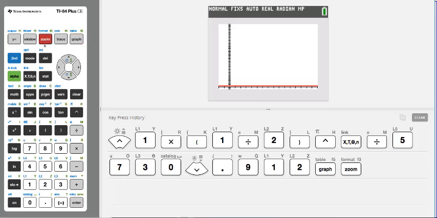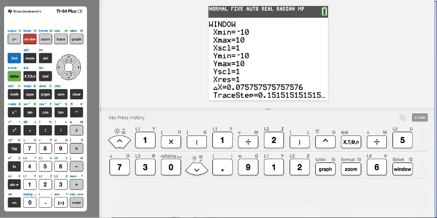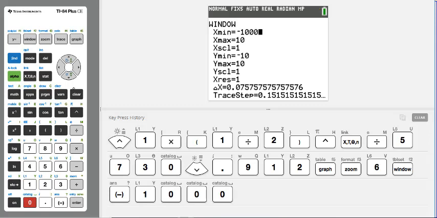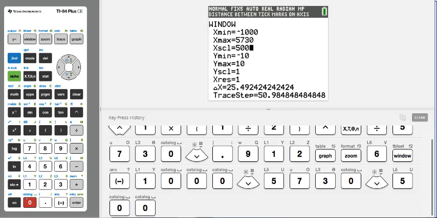Let's do zoom 6. Let me look at my windows real quick. Negative 10, 10. If it takes 5,730 years for it to half-life, then let's do minus 1,000, 5730, and we'll do it by 500.